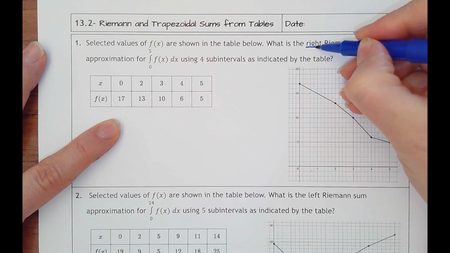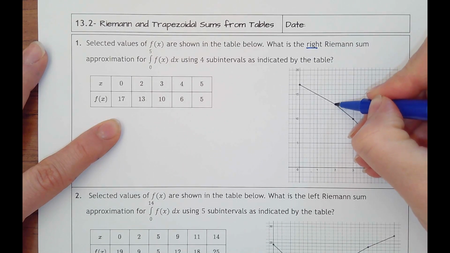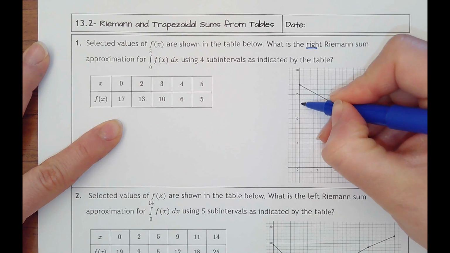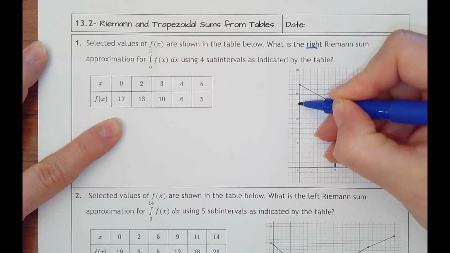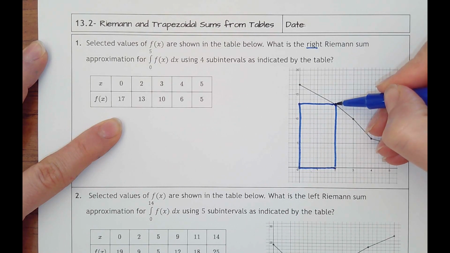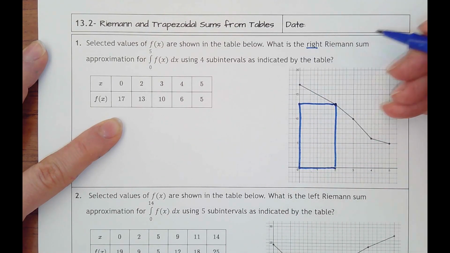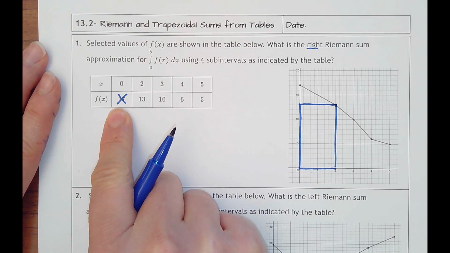But being a right Riemann sum tells us specifically about the heights of each rectangle. If I were to draw this first one, it would touch the right point, so that rectangle has a height of 13, not a height of 17. We actually don't use the leftmost y value at all.